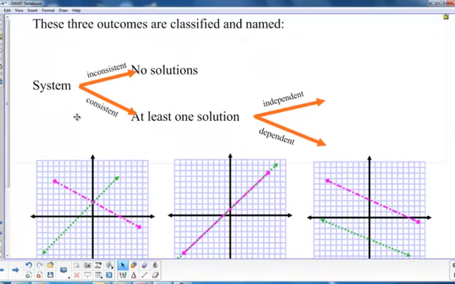Alright, so if something has no solutions, it's called inconsistent. And if something has solutions, it's called consistent. And then you either go to independent or dependent.